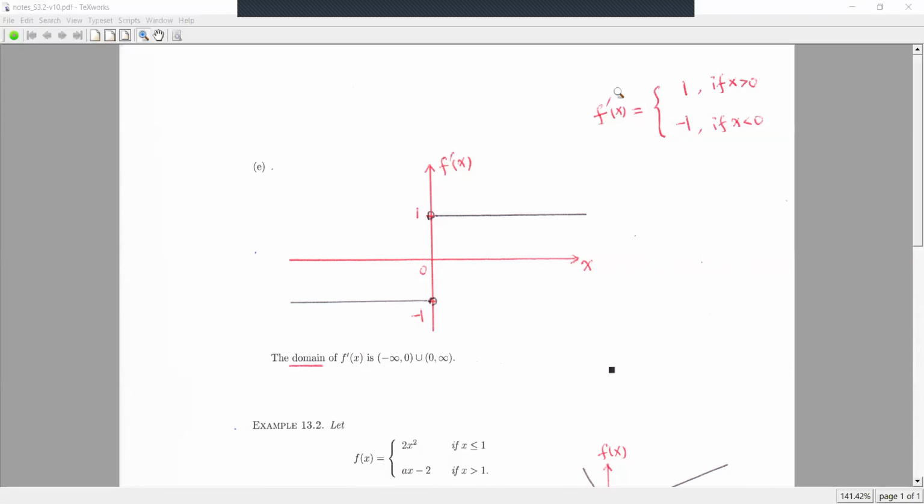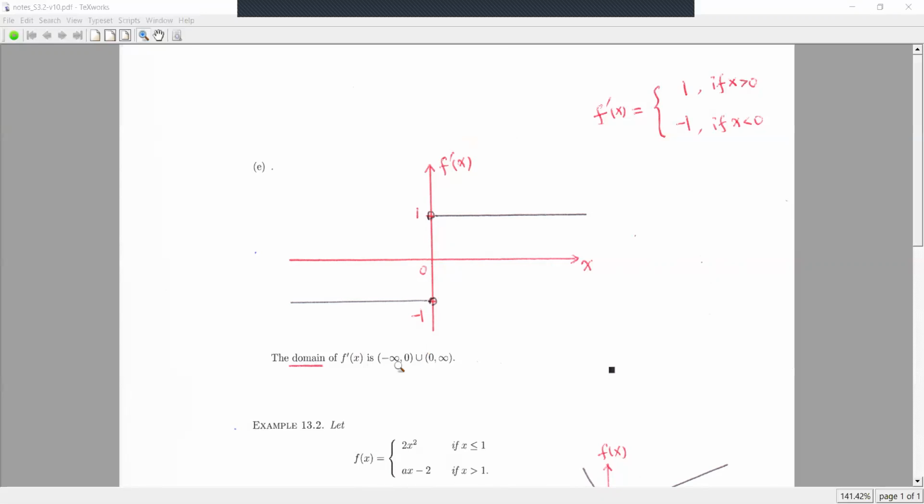So this function has no function value at x is 0. So when x is 0, I place 2 open dots to mean no function value at x is 0. The domain of this function is any number except 0.